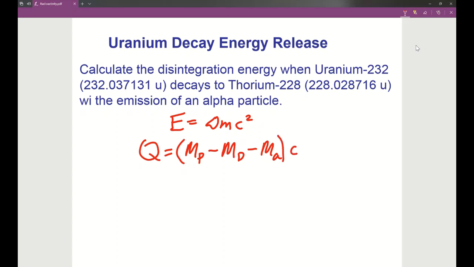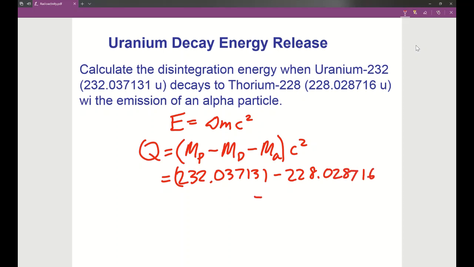And when we do this math, we can see that Q equals 232.037131 minus 228.0287116 minus 4.002602, times c squared.